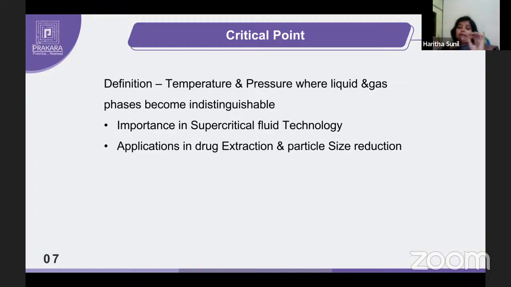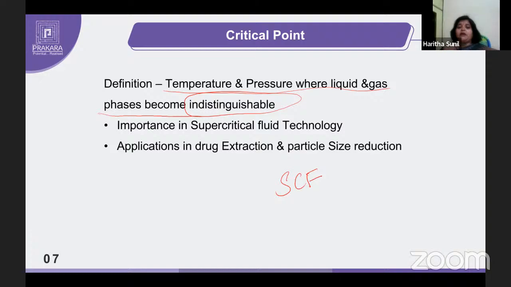And then followed by the critical point. So this critical point here is nothing but the temperature and pressure where the liquid and gas phases become indistinguishable. That means they become identical, forming a single phase called a supercritical fluid. We call it SCF, supercritical fluid.